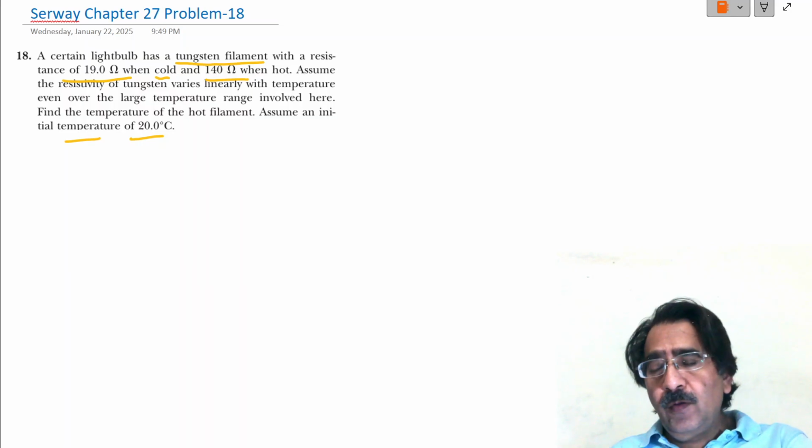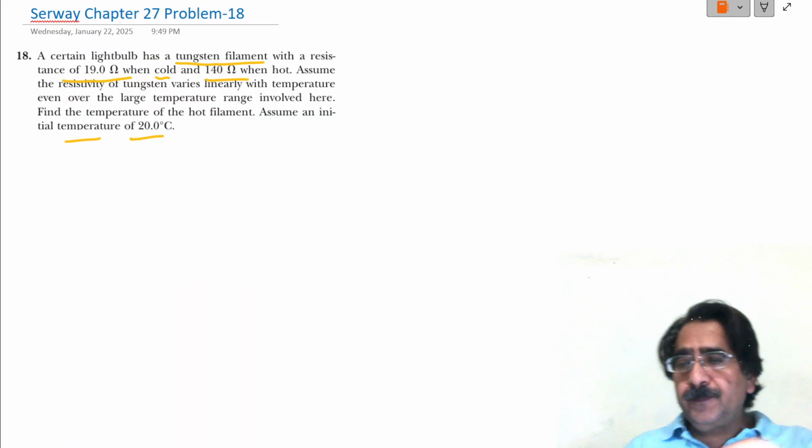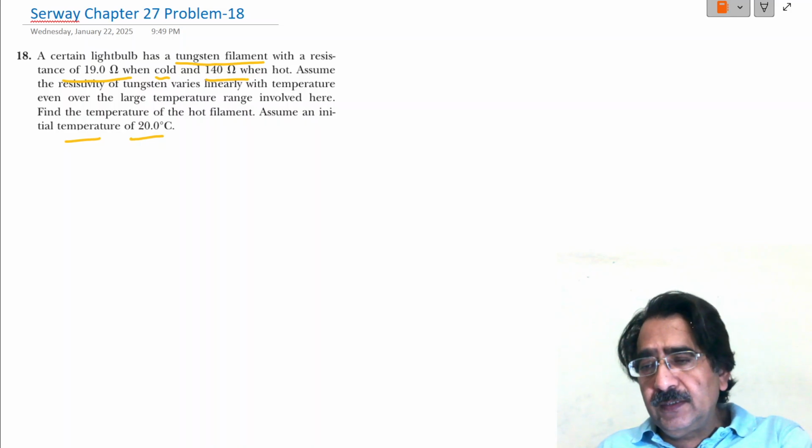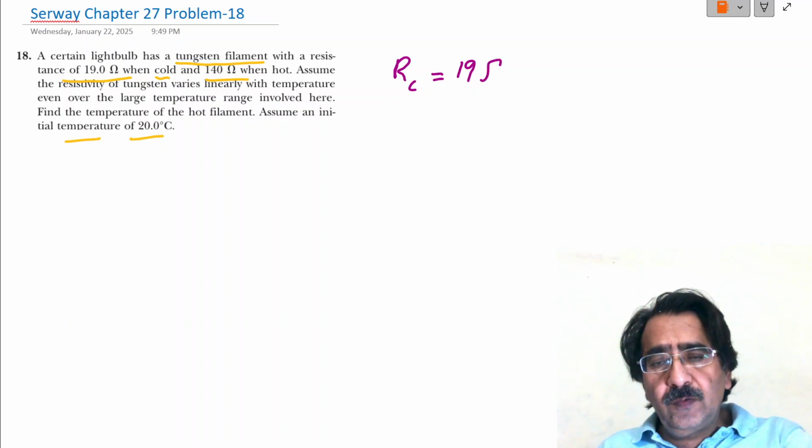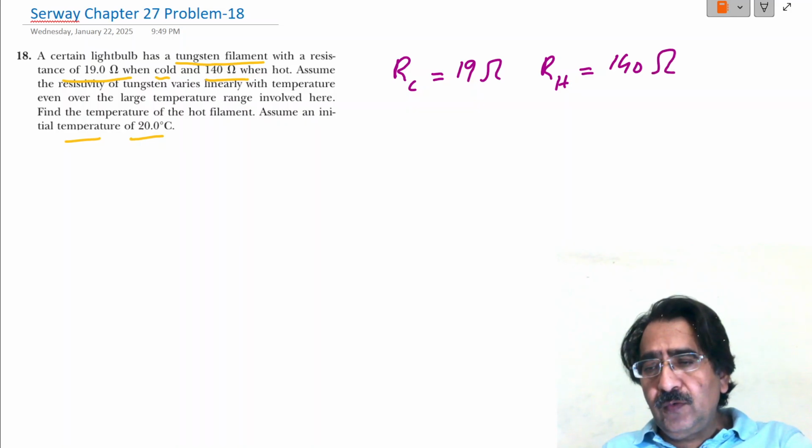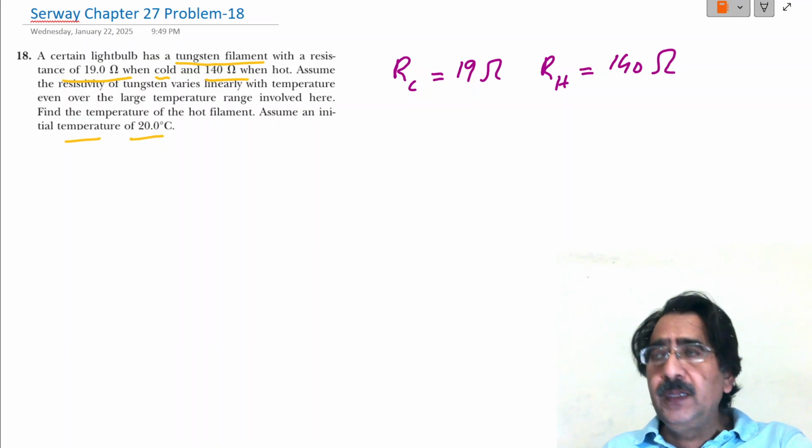Centigrade. The resistance when cold was 19 ohm, and when hot it was 140 ohm. Assume that resistivity varies linearly.